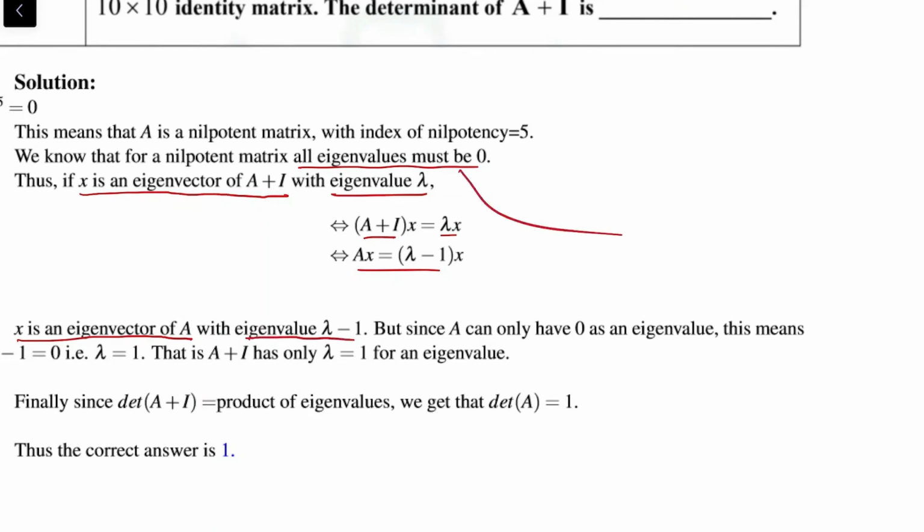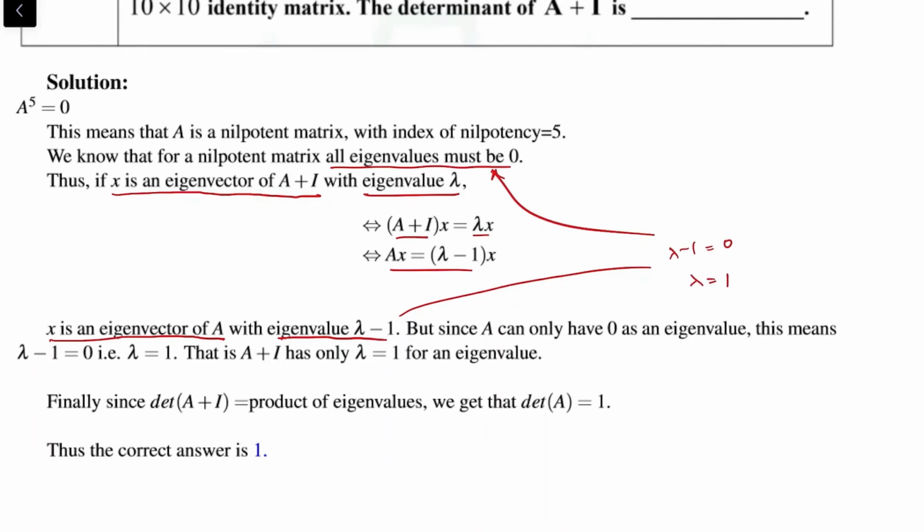But all the eigenvalues of A must be 0 by this statement, which means that lambda minus 1 is equal to 0, which means lambda is equal to 1. That is, A plus I has only lambda equal to 1 as an eigenvalue.